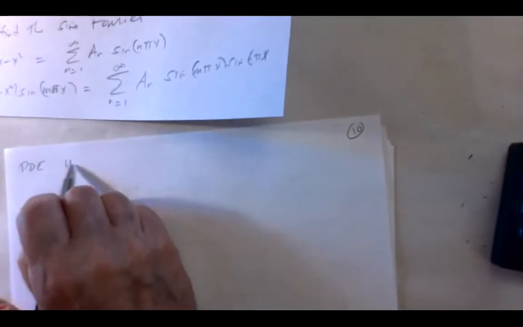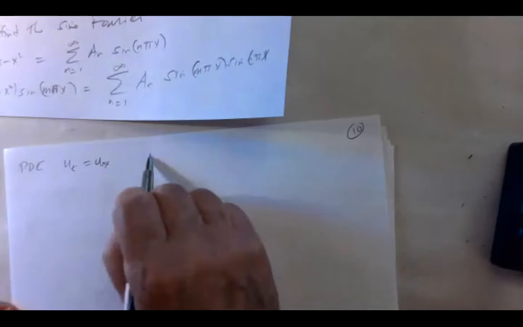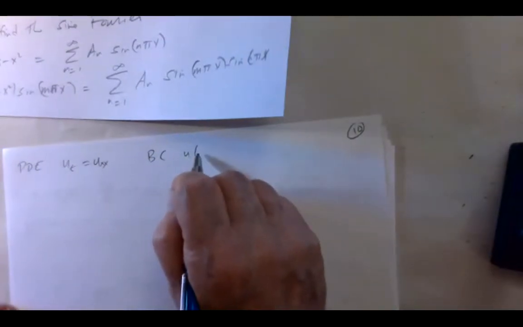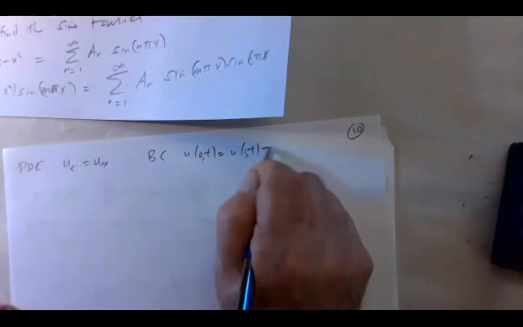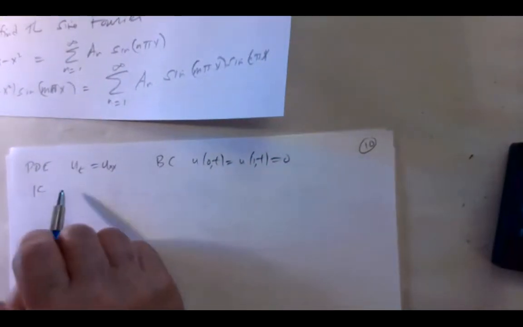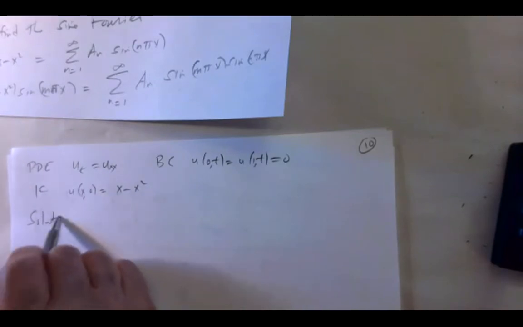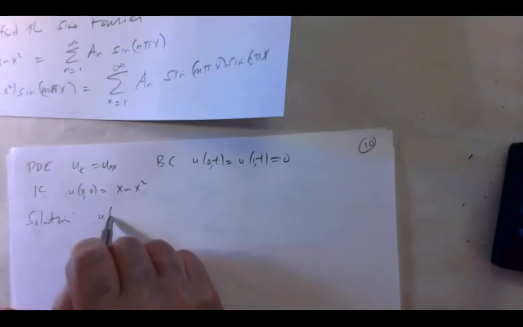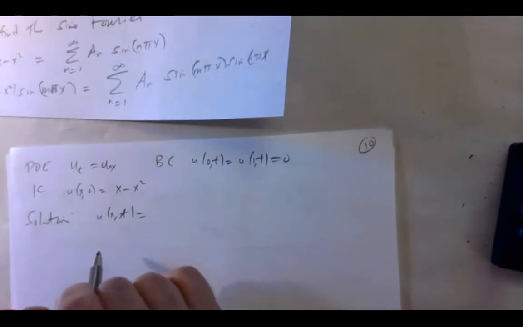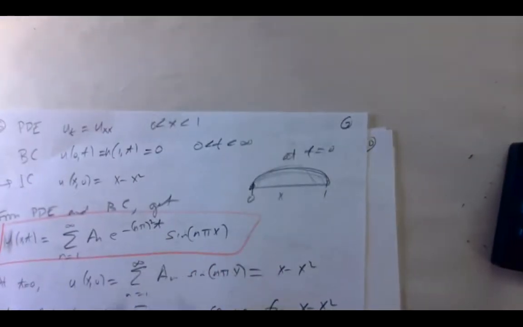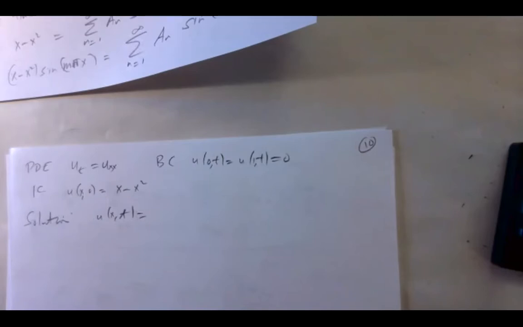When we started with the PDE, u t equals u xx, the boundary condition u of 0, t equal u of 1, t equals 0, and the new initial condition u of x at time 0 is x minus x squared, we get a solution which is an infinite series of the form u of x, t equals e to the minus n pi squared t sine n pi x times these coefficients. But we only have the odd values.